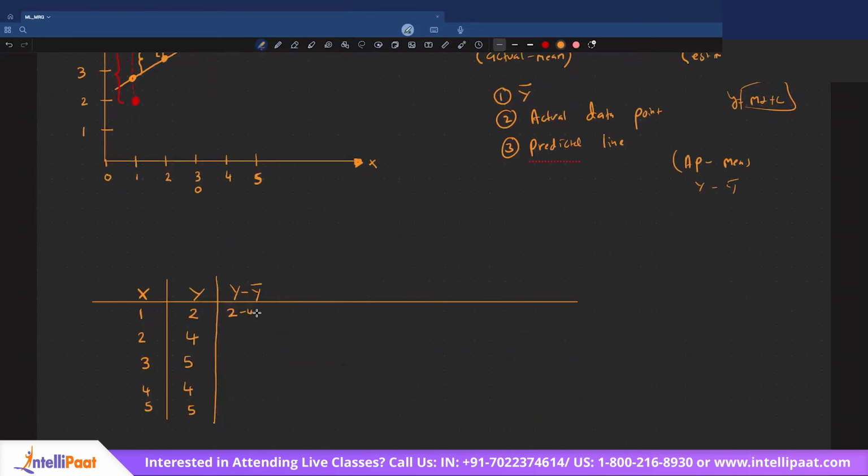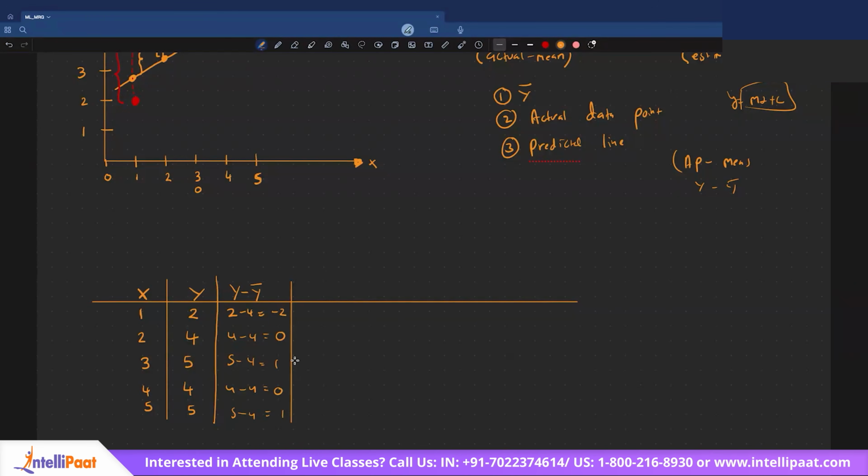So tell me, what is Y minus Y bar? 2 minus 4, 4 minus 4, 5 minus 4. What is the answer, everybody? 2 minus 4 is minus 2, 4 minus 4 is 0. So minus 2, 0, 1, 0, 1. Can I say this is the answer for actual minus mean, Y minus Y bar?